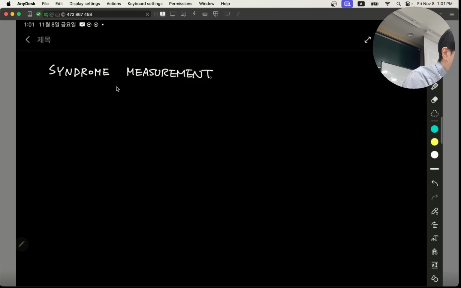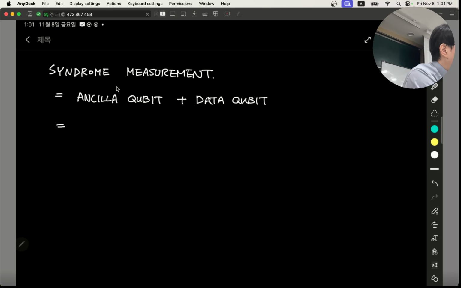So what is syndrome measurement? It basically detects an error without changing the qubit state on the data qubit. So basically there's an ancilla qubit and a data qubit, and you only take the measurement on the ancilla qubit.